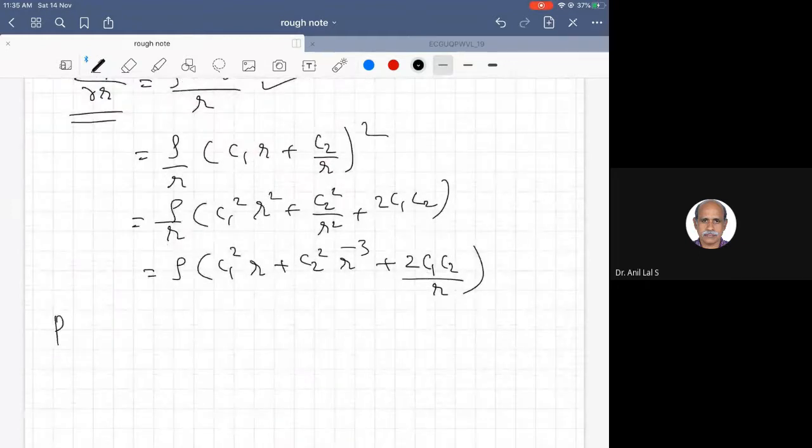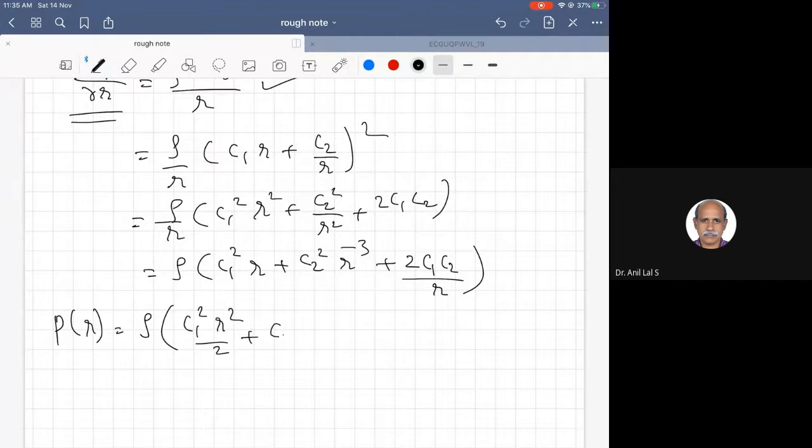So you can get P as a function of R by integrating this: C1 squared R squared by 2 plus C2 squared R raised to minus 3 plus 1, which is R raised to minus 2, divided by minus 2, plus 2 C1 C2 natural logarithm of R, plus some constant.